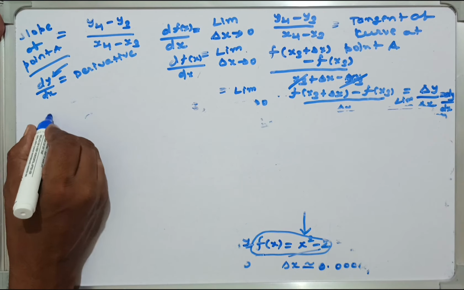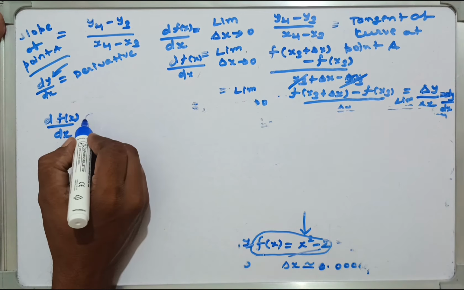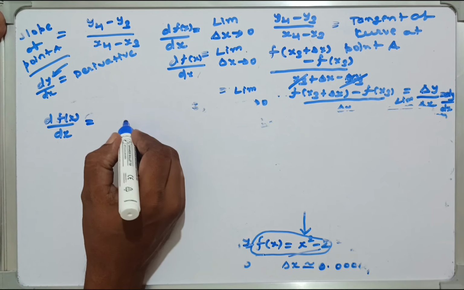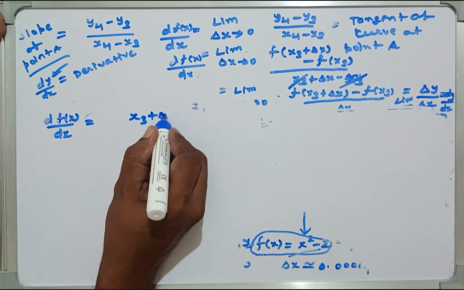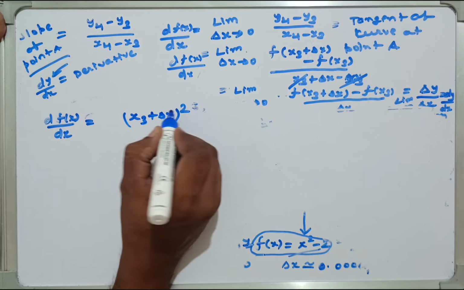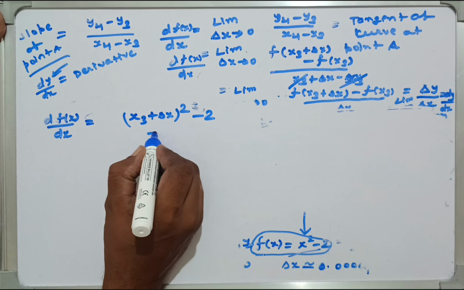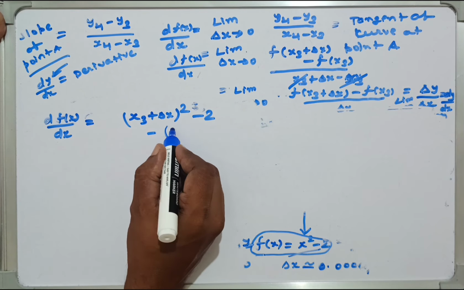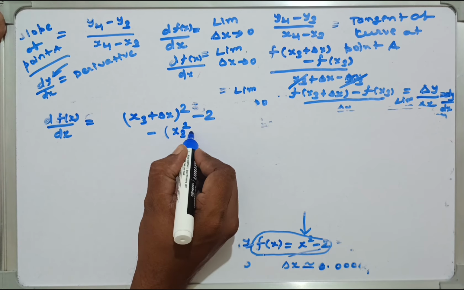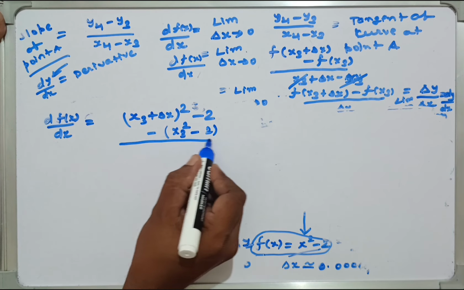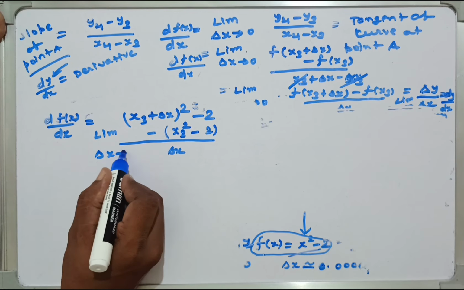See here, df(x) by dx equals, the final value in this case, is (x3 plus delta x) whole square minus 2, then minus (x3 square minus 2), divided by delta x, with limit delta x tending to 0.